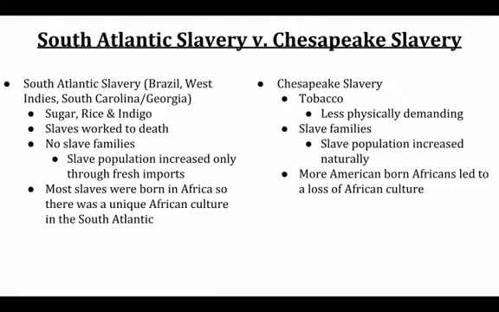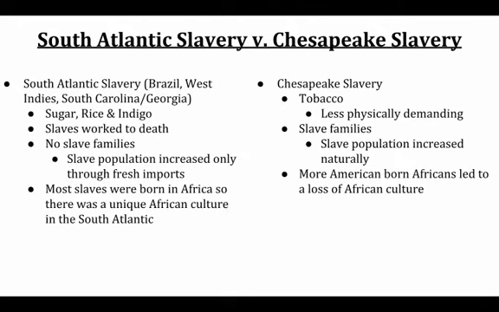We also see different forms of slavery developing in the colonies. In the South Atlantic, meaning South Carolina and the West Indies, we see a very different type of slavery than the Chesapeake. In South Atlantic slavery, we see much more brutal conditions. Slaves are commonly worked to death because it is so difficult work.